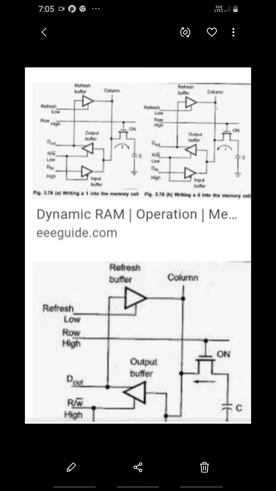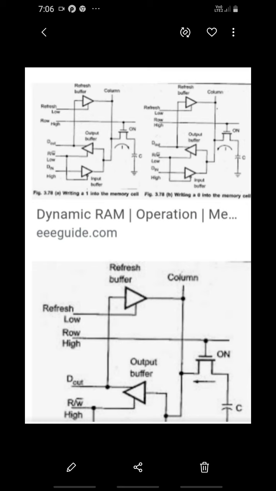Since only a single MOSFET and capacitor are needed, the dynamic RAM contains more memory cells as compared to the static RAM per unit area. So for unit area, the dynamic RAM contains more memory cells compared with the static RAM.